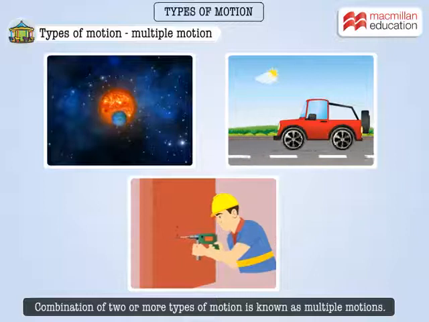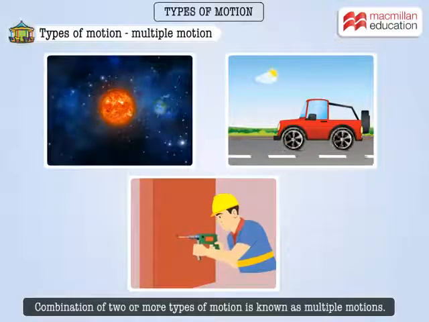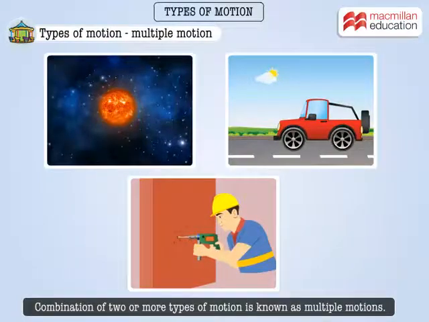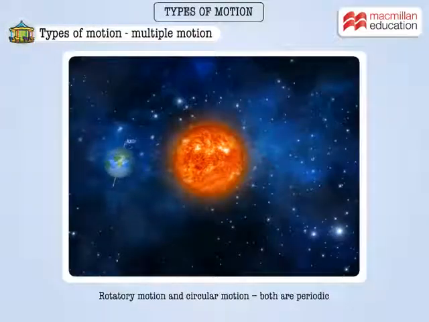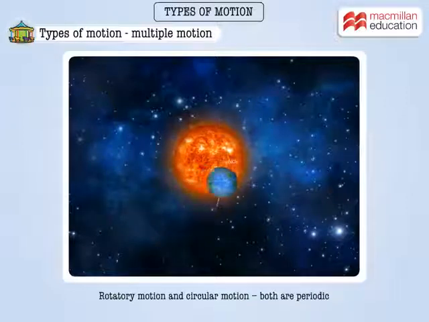As the name clearly suggests, the combination of two or more types of motion is known as multiple motion. We all know that Earth rotates along its axis and revolves around the Sun.